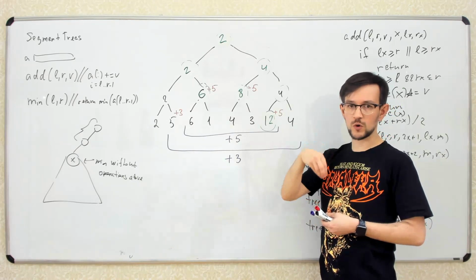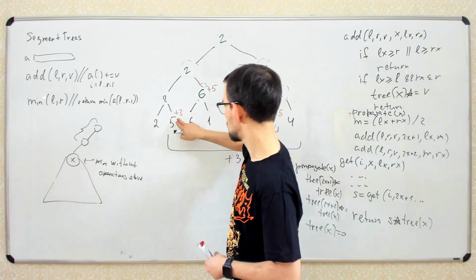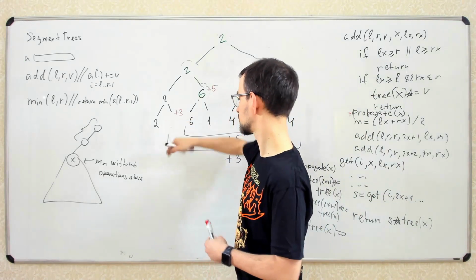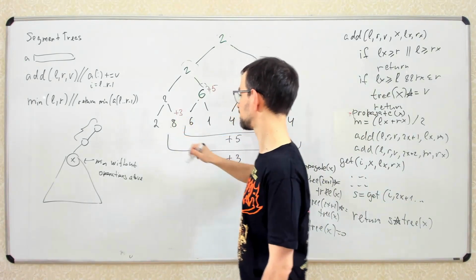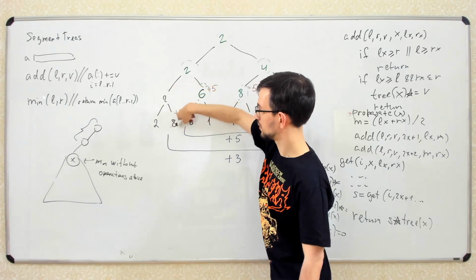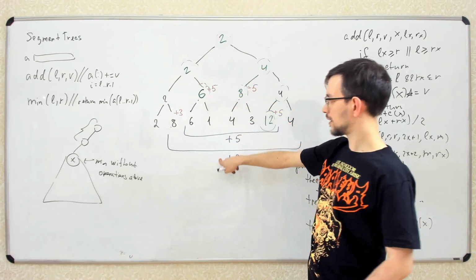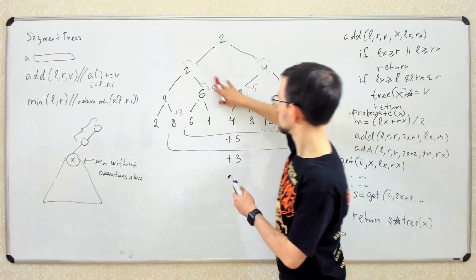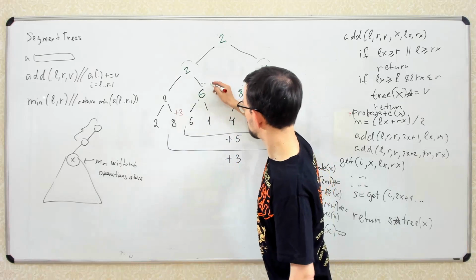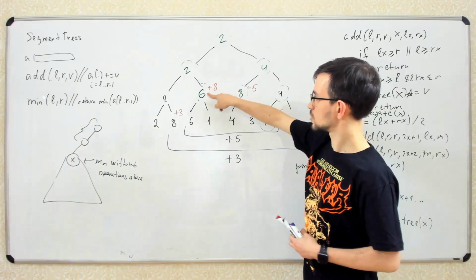When you return from the recursion, you recalculate the minimum. So this new minimum will be 5 plus 3, it's very difficult, will be 8. Then you go back from the recursion, recalculate this minimum. It is 2. Go back from the recursion, go here. Here you apply the operation plus 3. So here you have plus 8. Apply this operation to this node.